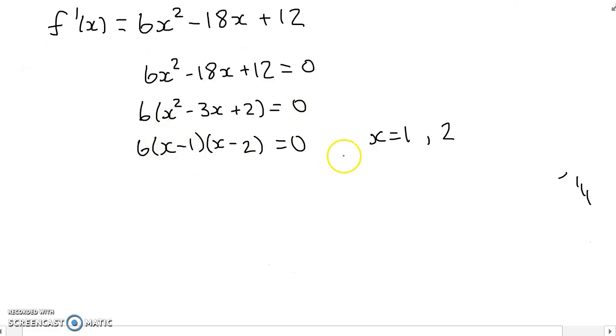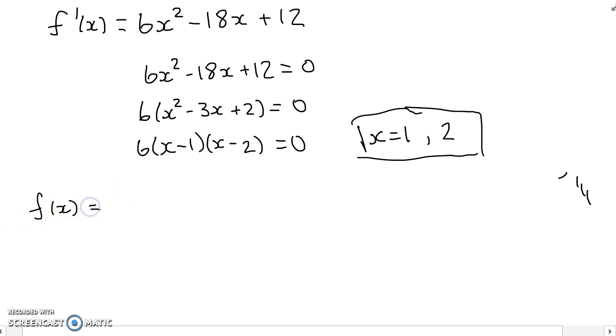Okay, so now we have the x values as 1 and 2 on f of x, meaning that these are the two critical points. So we plug these back into the main equation. Sorry, this is cubed.